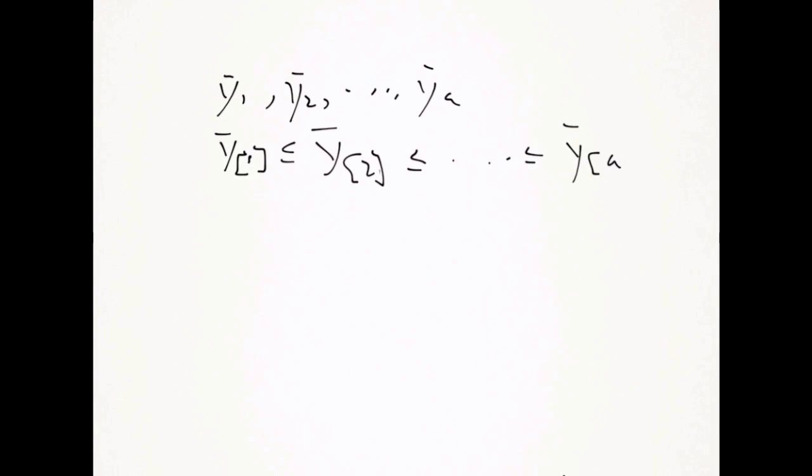And usually what people do when they rank them is they'll call them y bar with a bracket around the 1, and that means it's less than or equal to y bar with a bracket 2, less than or equal to, and so forth, up to y bar sub a. Not sure why this is acting up.